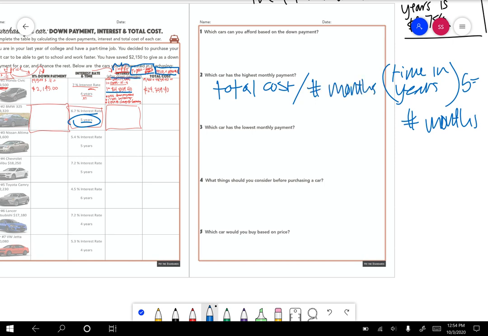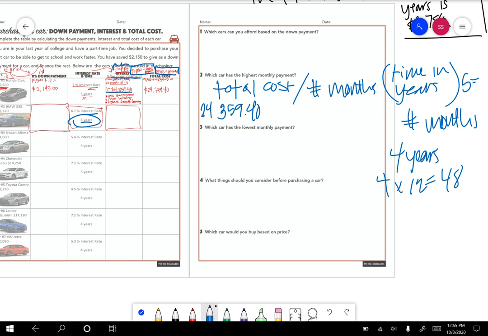Okay. So, for example, on that first car example that we did, the total cost was $24,359.40. We're borrowing for 4 years, so we multiply 4 times 12 to get the number of months, because there's 12 months in a year. We get 48 months.